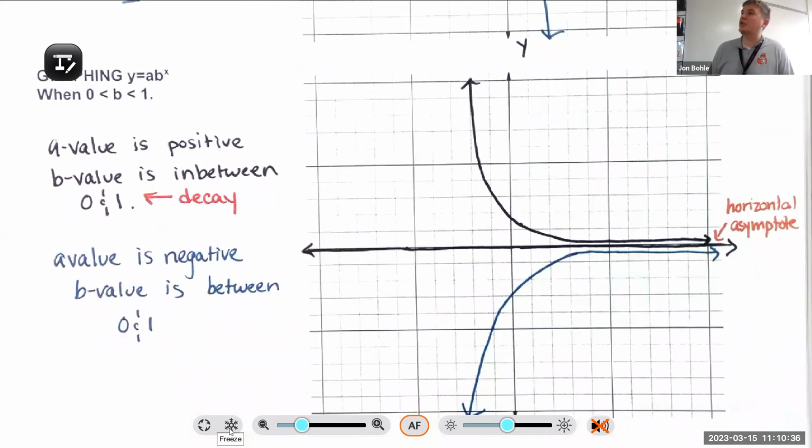Things that are exponential growth: money in a bank account would be exponential growth. Bacteria is exponential growth. When we had the COVID lockdown, your COVID cases were exponential growth.